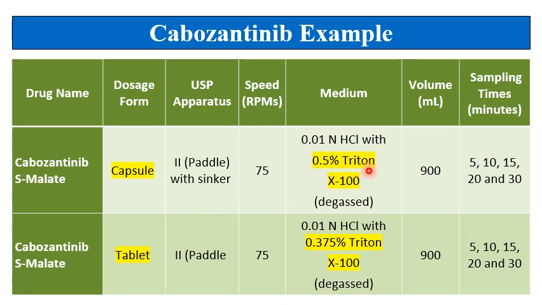Here 0.5% surfactant for capsule formulation and 0.375% for tablet formulation. The time points are the same and the media volume is the same. So there is a difference in the concentration of surfactant in the dissolution media.